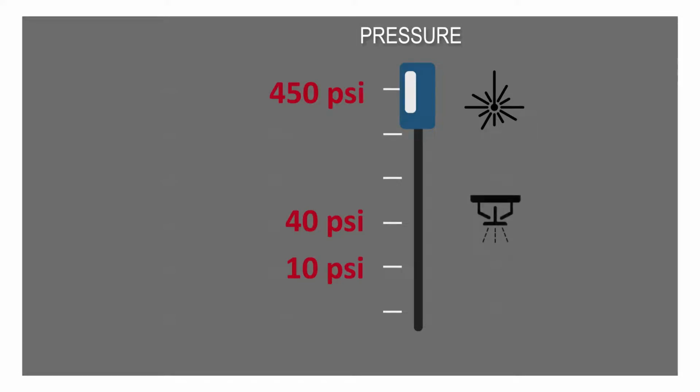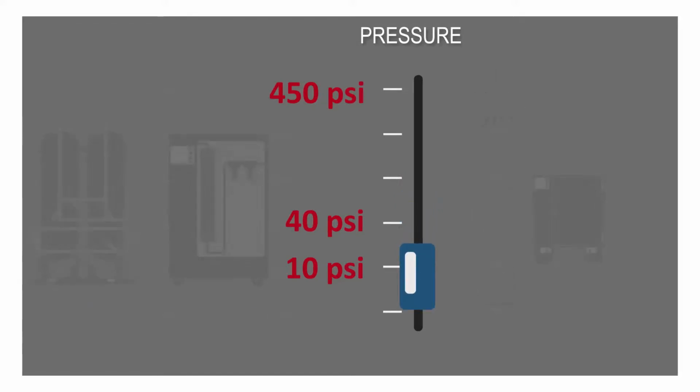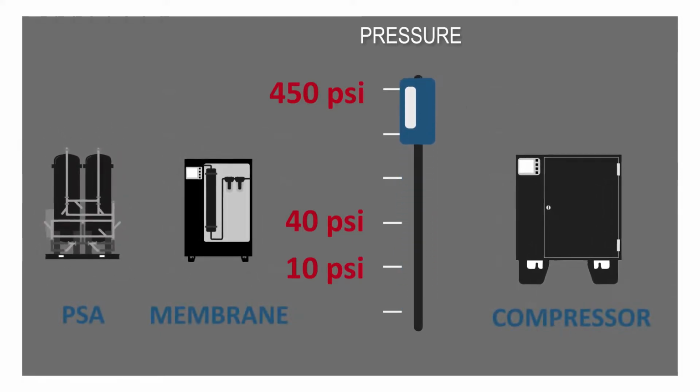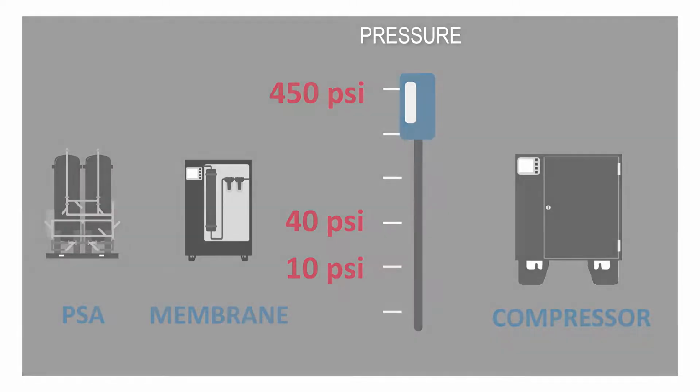For corrosion protection of fire sprinkler piping, about 40 pounds. Food packaging often is 10 pounds per square inch or lower. You can operate at higher pressure, which results in a smaller nitrogen generator, but compressor costs and operating costs go up. Your supplier will be able to guide you to the optimum pressure for your particular application.